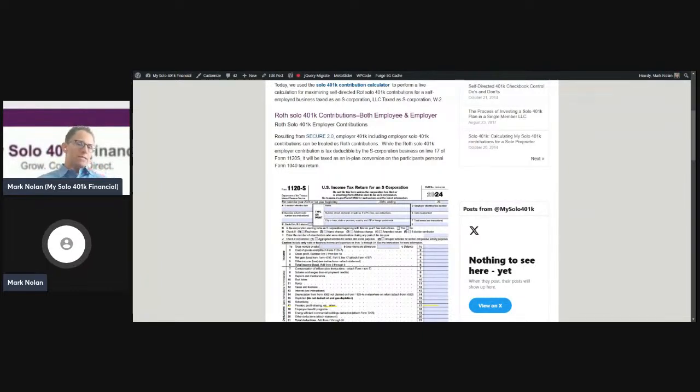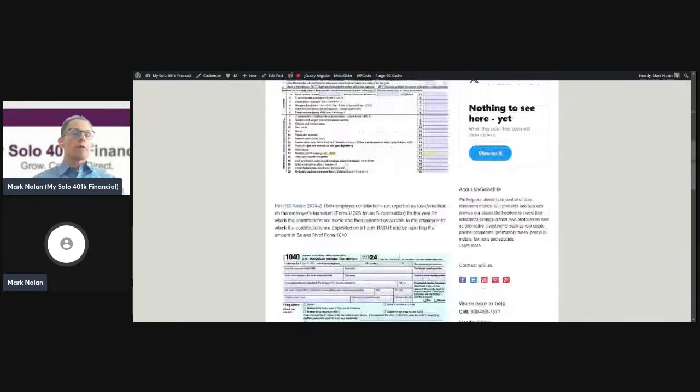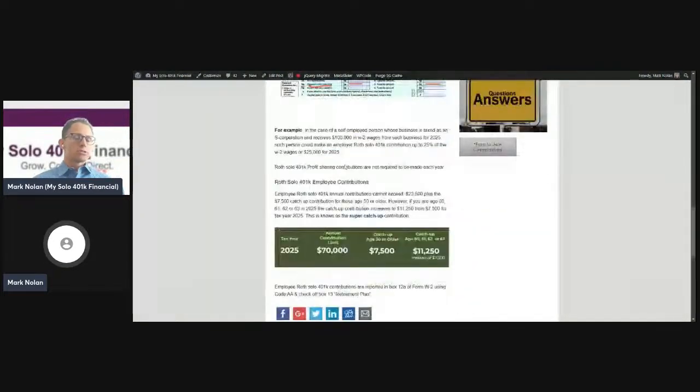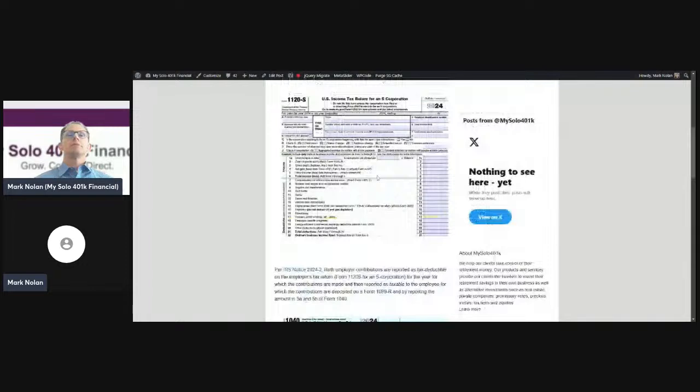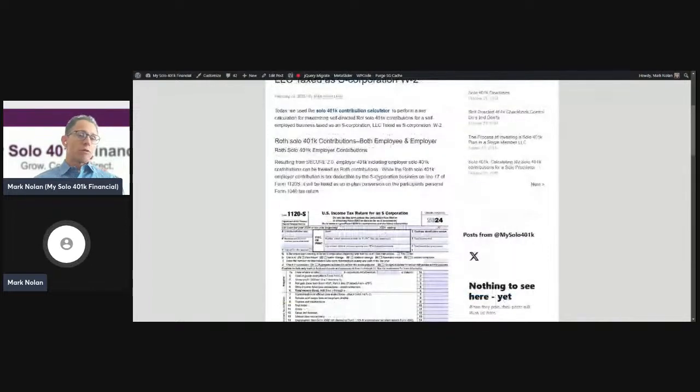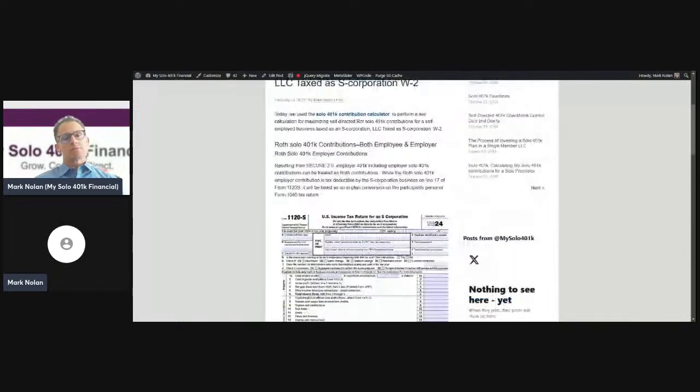What's going to happen is that you're still going to need to pay yourself W-2 wages from the S corporation in order to make employer Roth contributions. Same is true for employee Roth solo 401k contributions.